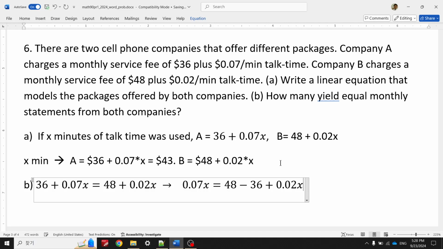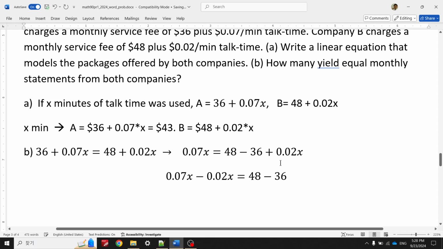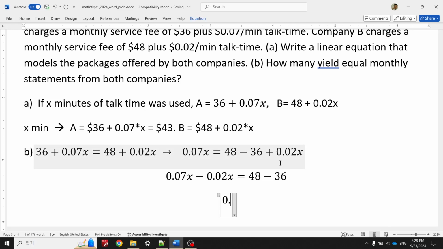And now subtract 0.02x both sides. And that gives you 0.05x, because 7 minus 2 is 5, equals 12.